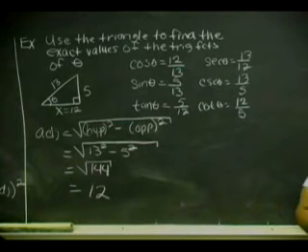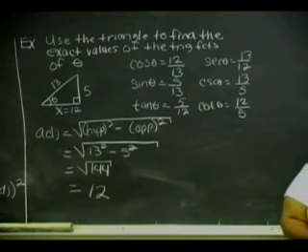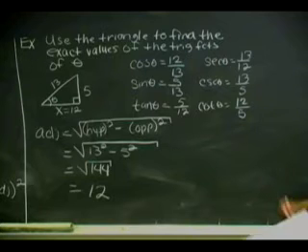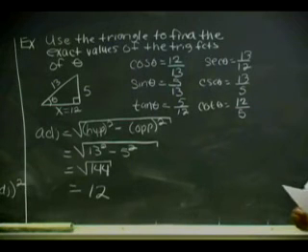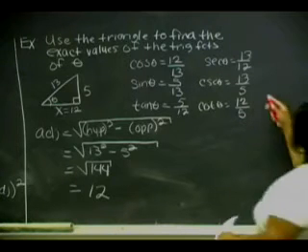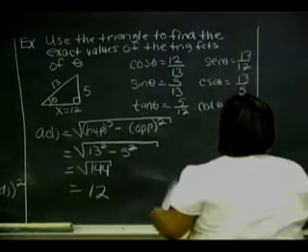So if given a triangle where one of the lengths of a leg is missing, then we can find that leg by the Pythagorean theorem, and we can evaluate these functions. Let's look at another example.